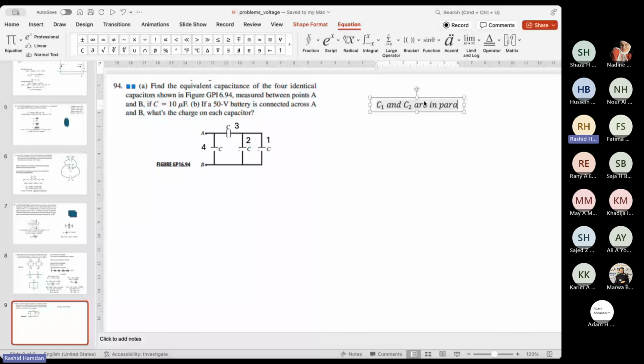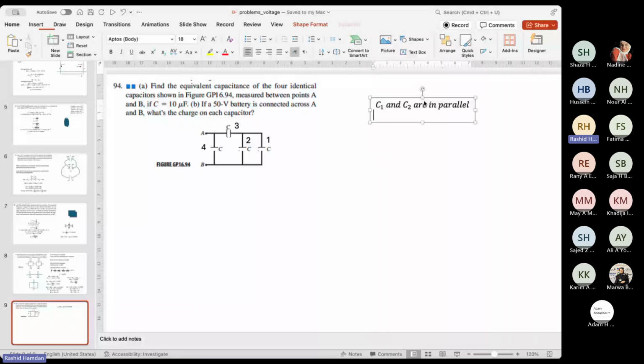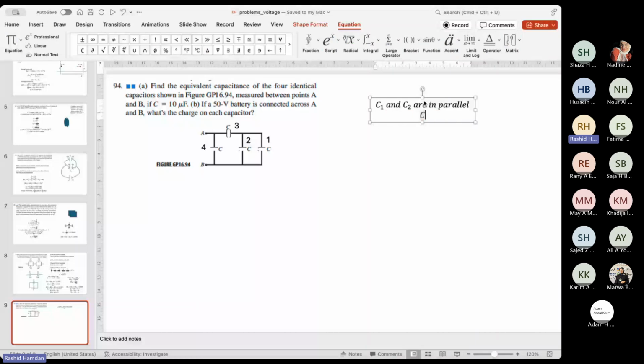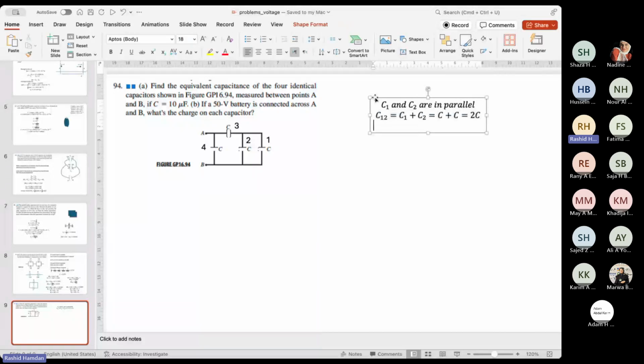I can call C12 their equivalent. So it is equal to C1 plus C2. And they are in parallel, they add up. So it's C plus C, so it is equal to 2C. Let's keep it in terms of C. Let's solve everything in terms of C for now.